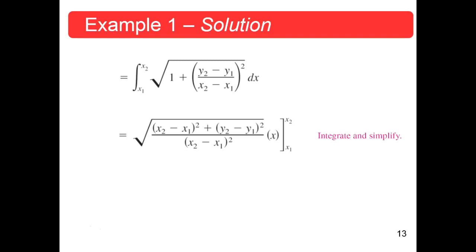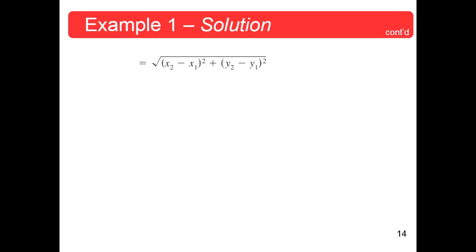So that's why that's in there, and then you evaluate this. This could all come out front. I don't like the way they wrote it, but it is correct. So you evaluate x between x1 and x2. This is under the square root, so you can take the square root of the denominator, and then that goes out, and that leaves you with just the square root of the numerator, which is what they got, the length of the line.